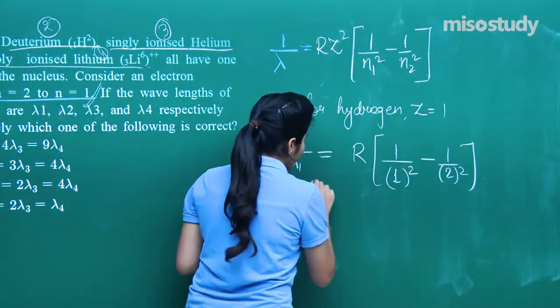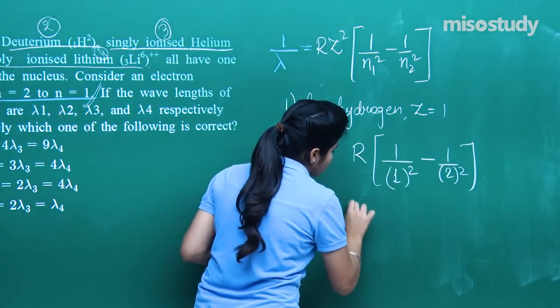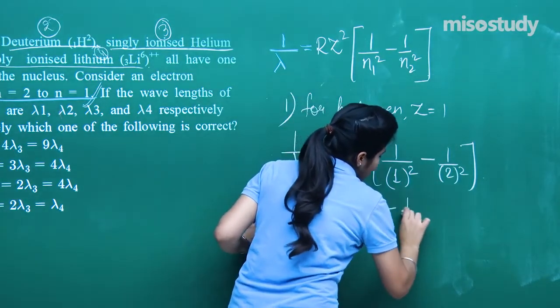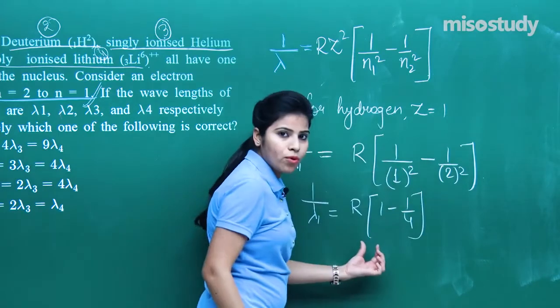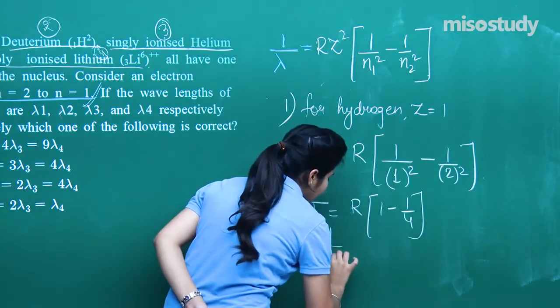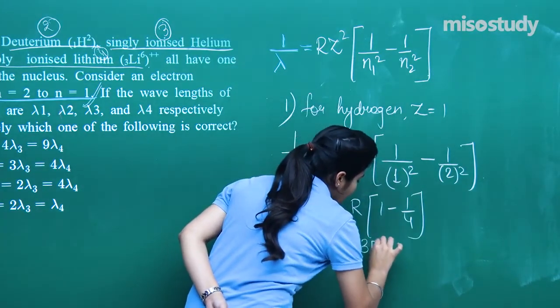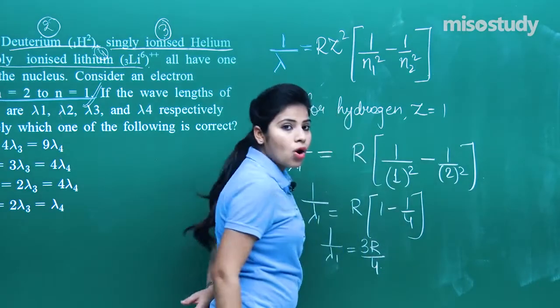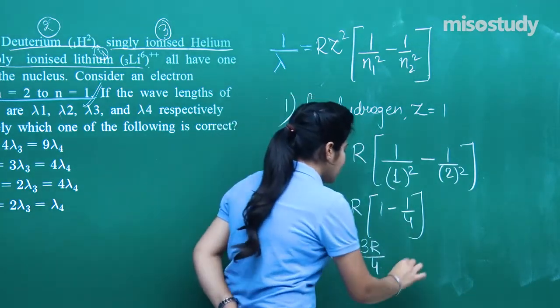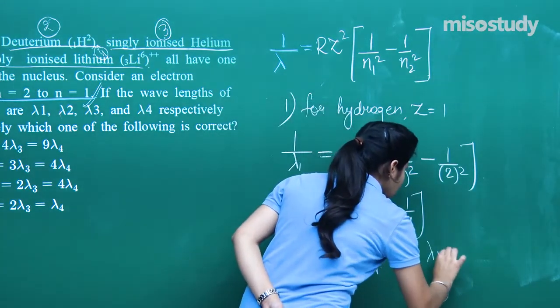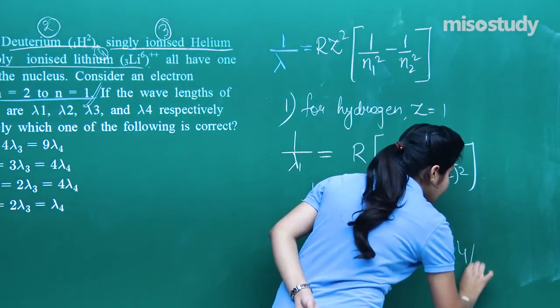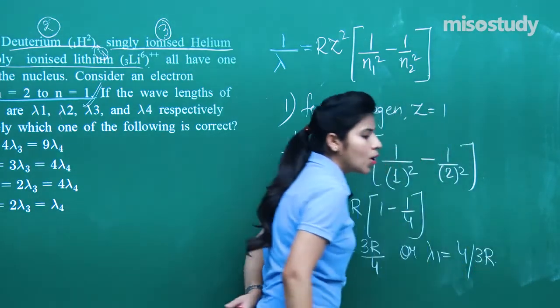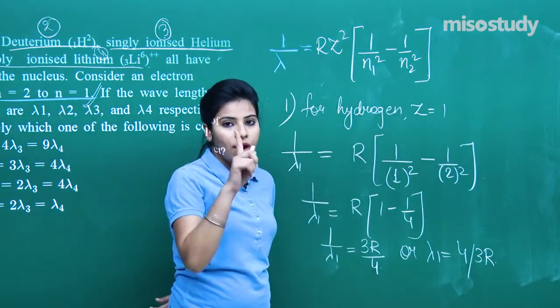So 1 by lambda 1 equals R times 1 minus 1 by 4, that is 3 by 4. So 1 by lambda 1 is 3R by 4, or lambda 1 equals 4 by 3R. This is the case of hydrogen.